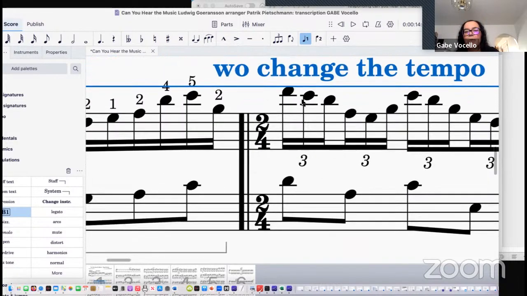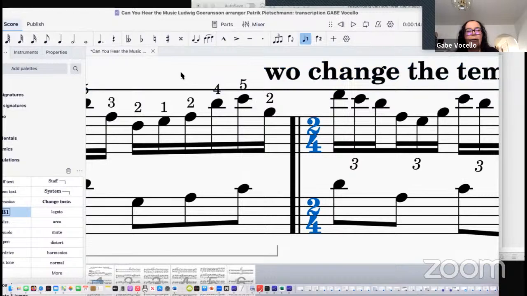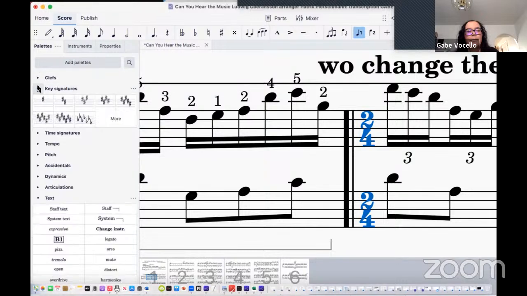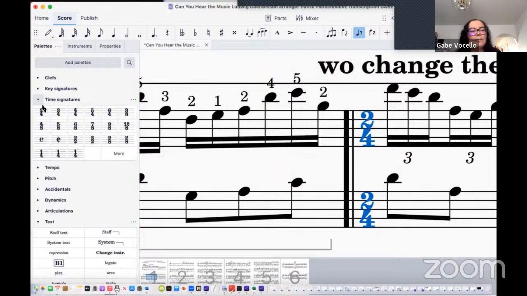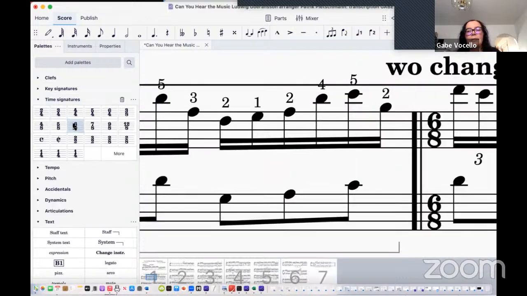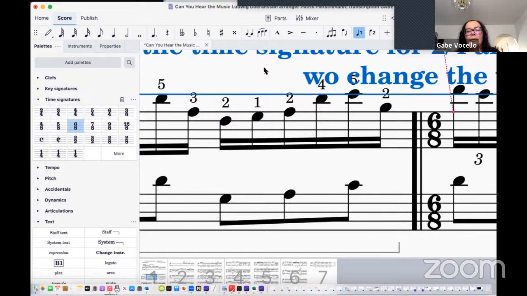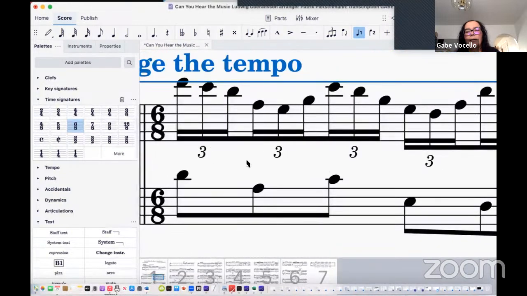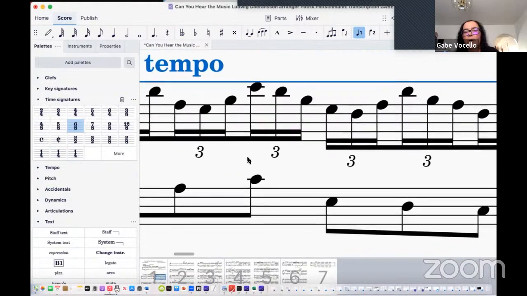Let's see if this here would have the 6/8 measure. Just for now, okay? 6/8 measure.